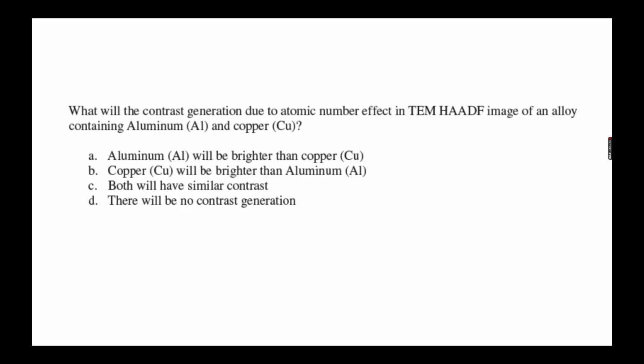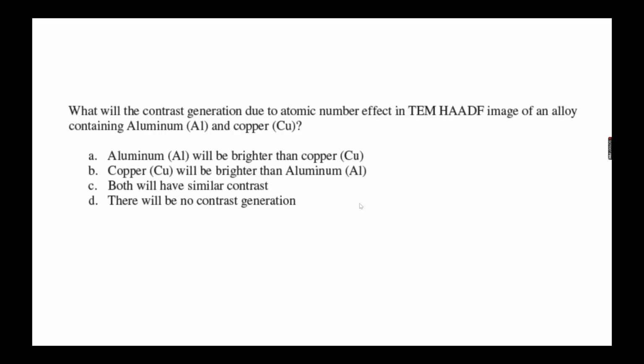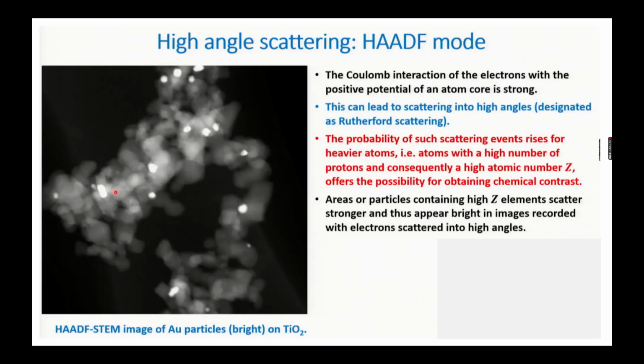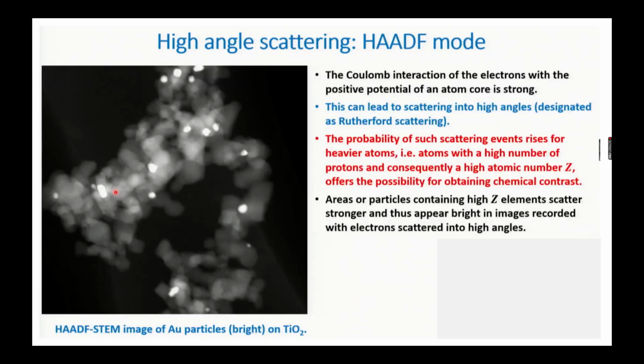So the aluminum will have a lower atomic number and the copper will have a higher atomic number. So can you now tell me what could be the answer to this question, the contrast generation due to the atomic number effect here? From this slide, can you guess which will appear brighter and which will appear darker, aluminum or the copper?